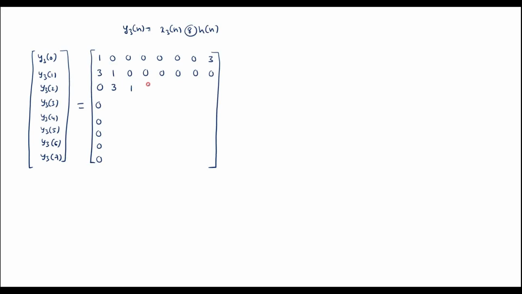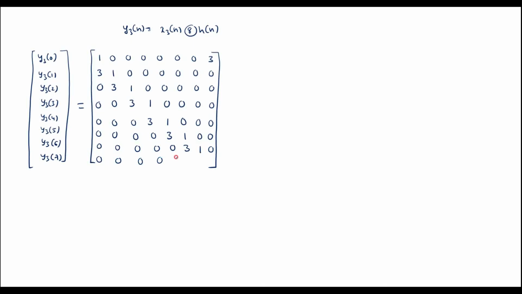This 1 will be written here. 0, 0. This is 0. Here 3. Here 1. Rest all are 0. This 0 will come here. This is 0. This is 3, 1. 0, 0, 0. This is 3, 1. 3, 1, 0. Here it is 3, here it is 1.